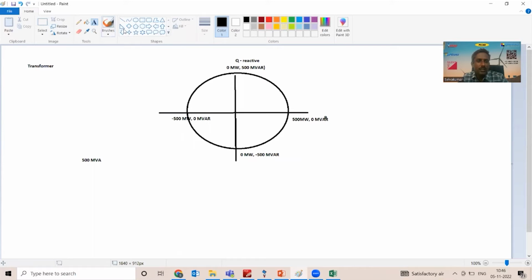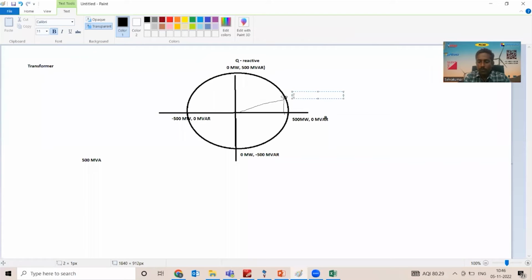In addition to that, if you pick a point somewhere here, say your P is maybe 400 megawatt and your Q might be 300 MVAR, this combination is also possible.